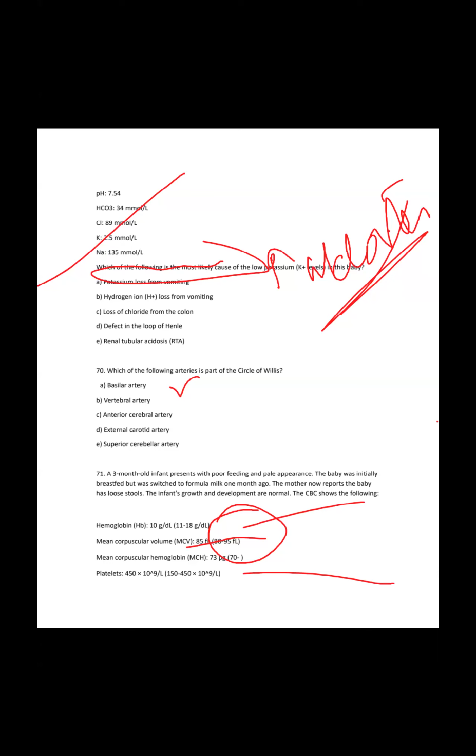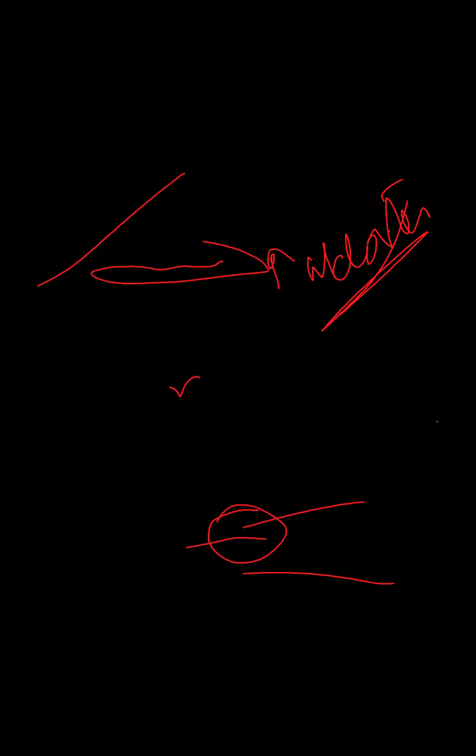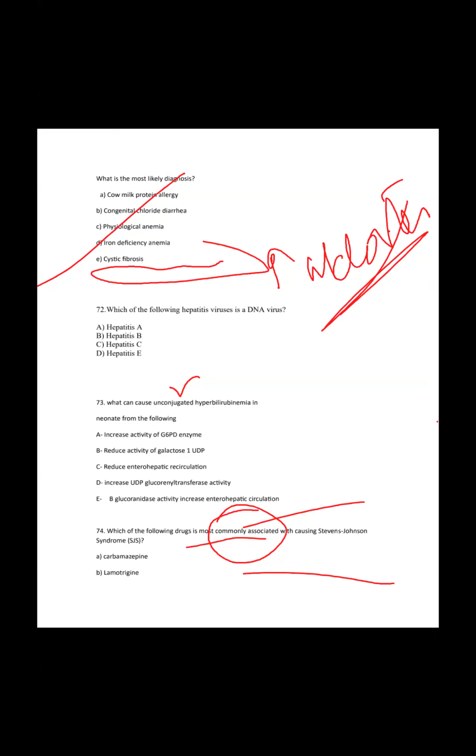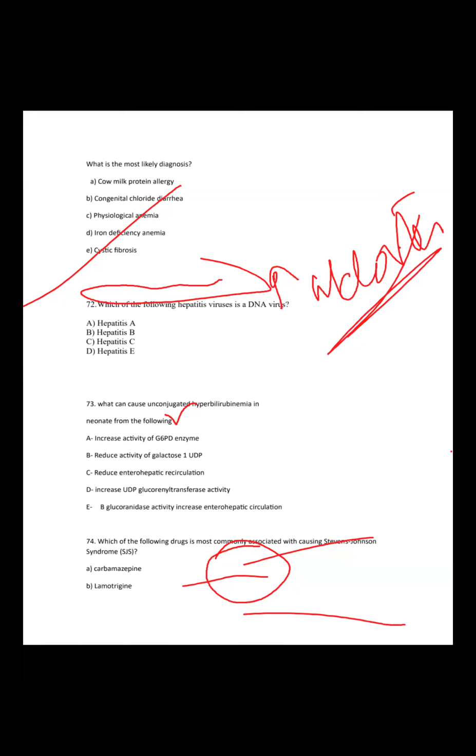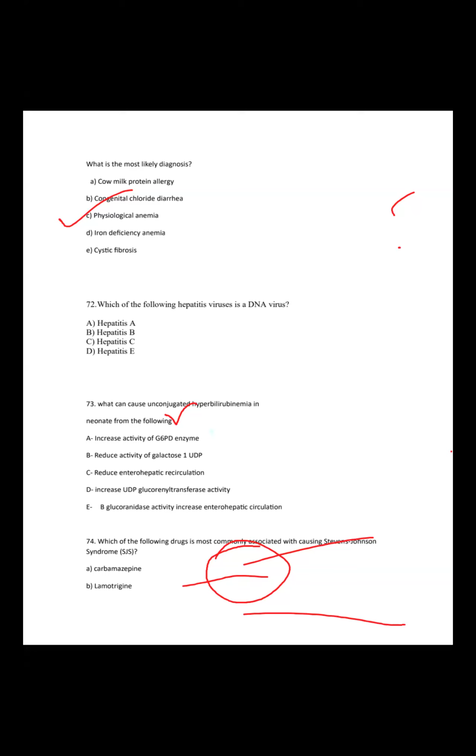Infant's growth and development are normal. CBC shows as follows. Hb is 10. MCV is okay. MCH is okay. Platelets are okay. So I think this is anemia of prematurity. What is the likely cause over here? Physiological anemia. MCV is okay. So it's physiological anemia.